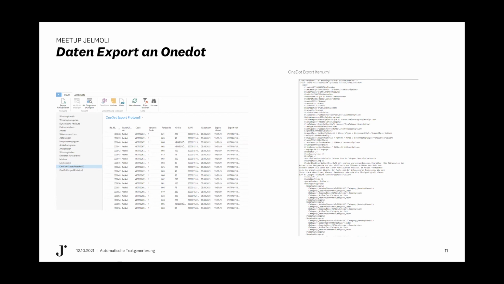Once the data has been entered, it has to be exported. On the left-hand side, you see our web shop tab. And in the beginning, we imported and exported the data manually. But of course, we wanted to automate this process, and this is what we have done.